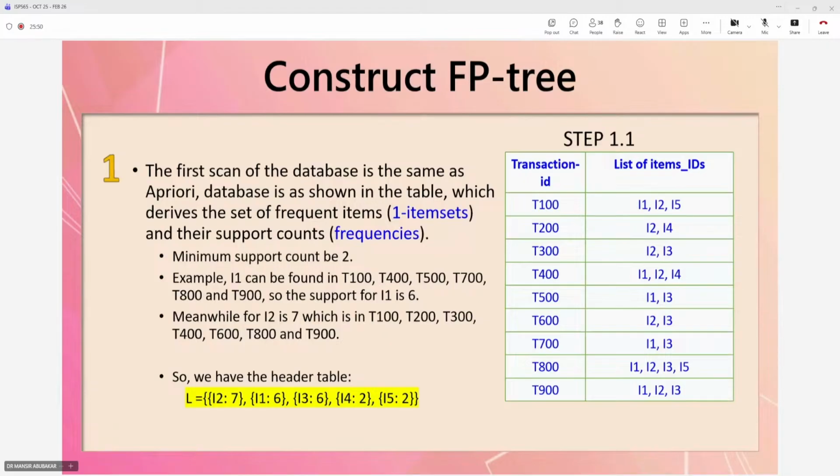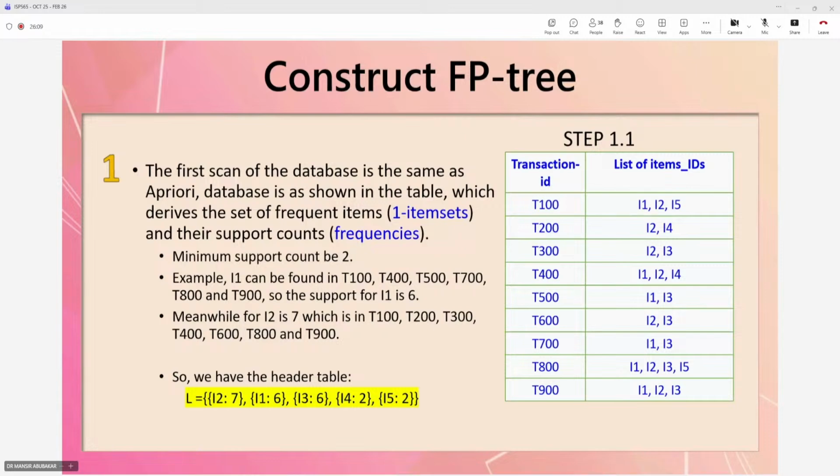So we look at the transaction with ID 100, T100. So you see the list of items, I1, I2, and I5. So in this particular transaction, maybe transaction number 1, the first customer bought 3 items.